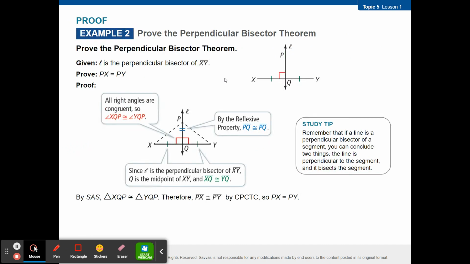Okay, so here's what I want you guys to do. For example 2, get rid of the word converse. Get rid of converse of the perpendicular bisector theorem, and I want you to write down this given, this prove, and this picture. Okay? You can write it down like this if you wish, but this picture will do just fine.